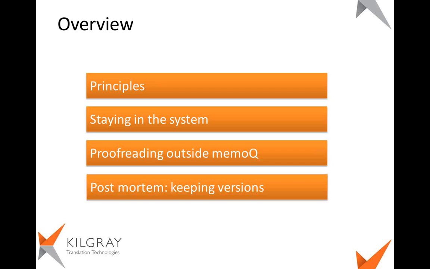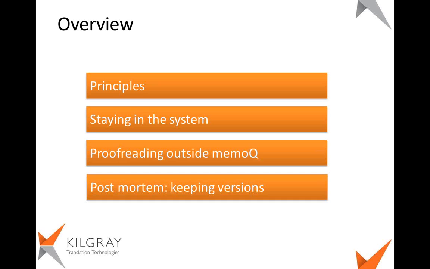And then I'm going to move on to scenarios when the proofreading or the reviewing actually is done outside MemoQ. And those are the situations where you have to make sure that the result of the reviewing or the proofreading gets back into the system.